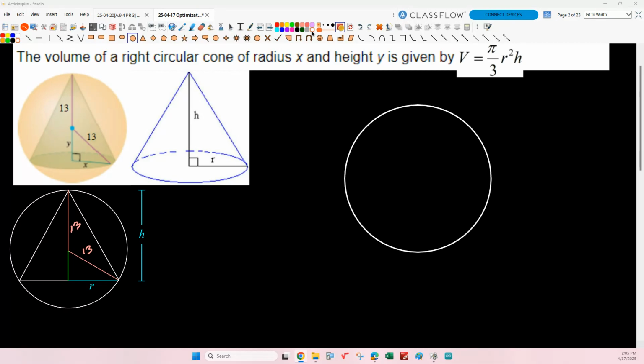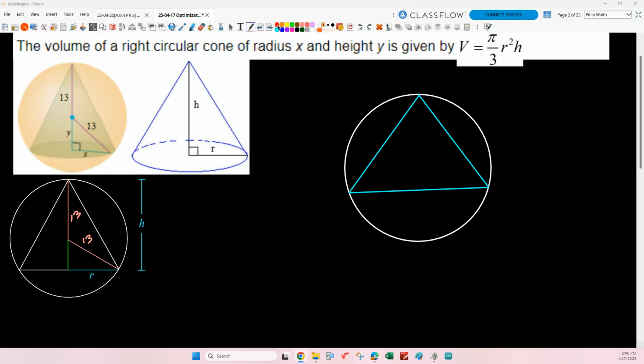There's the sphere. There's the cross section of the cone, right? There's the radius of the cone. And there's the height of the cone, right?